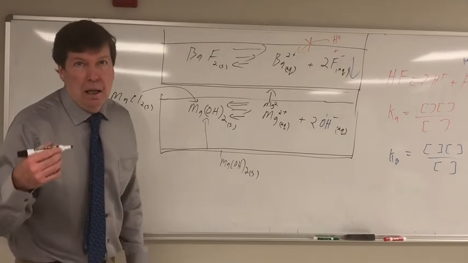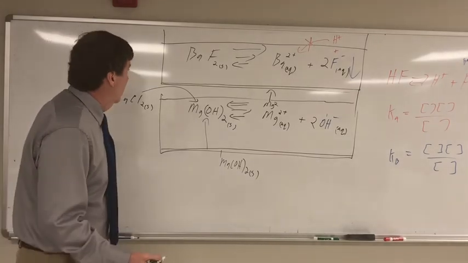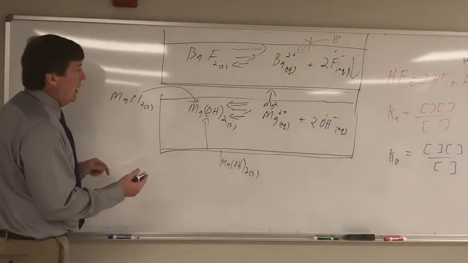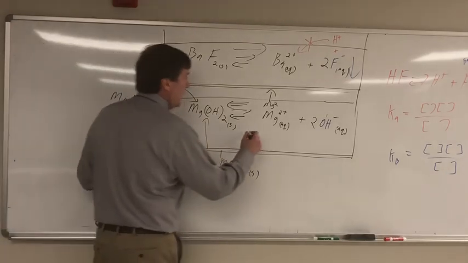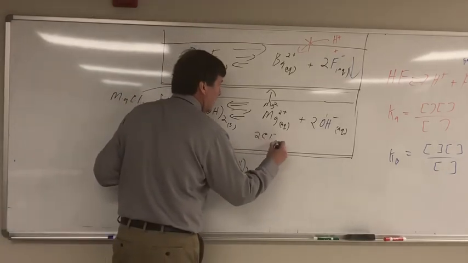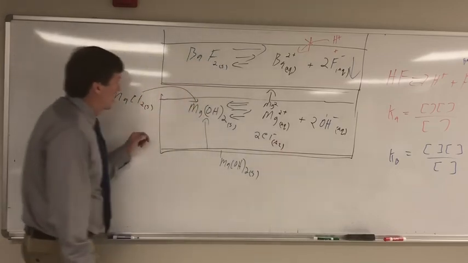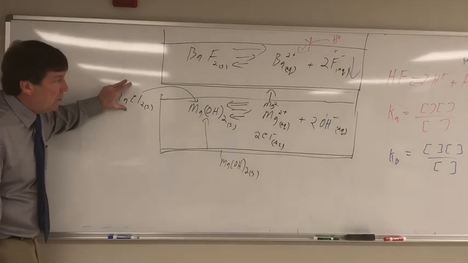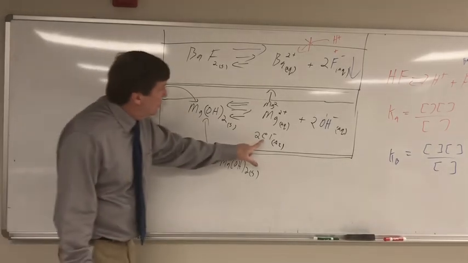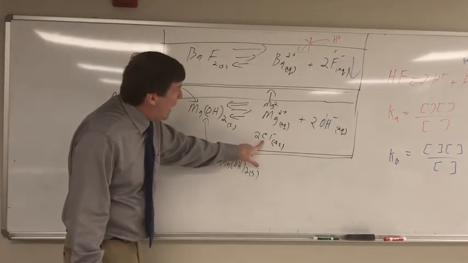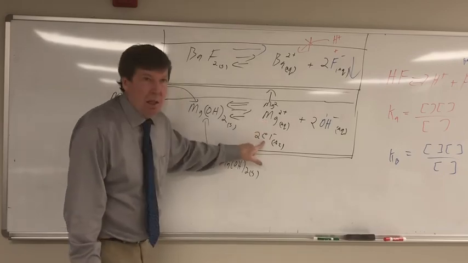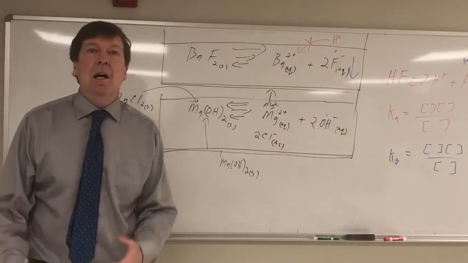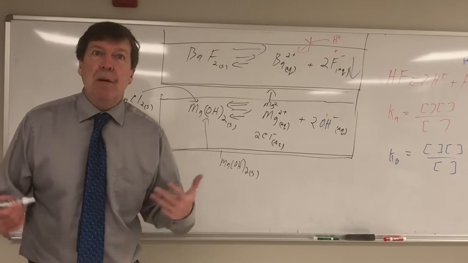Mg(OH)2 ionizing here. Now, what's the effect of the Cl minus? So notice we also have 2 Cl minus aqueous which came from this solid salt. Is that Cl minus going to react with this? Of course not. Cl minus is neutral in its basic properties.